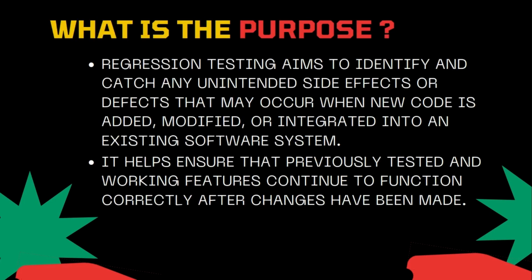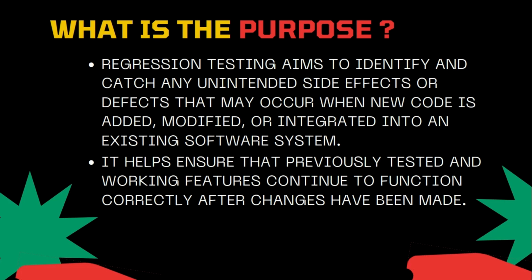Regression testing aims to identify and catch defects and bugs that may occur when new code is added, modified or integrated into the existing software system. The main aim is to identify any defects or bugs that can occur when new code is added to the existing system.